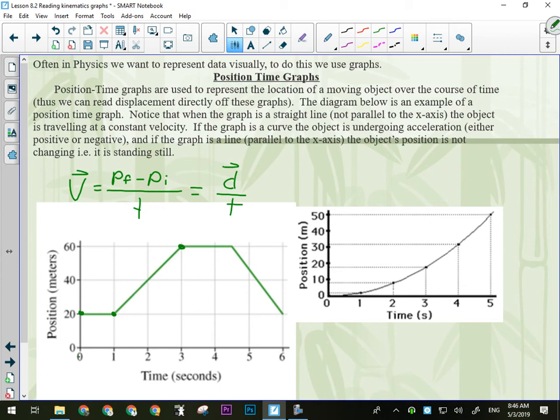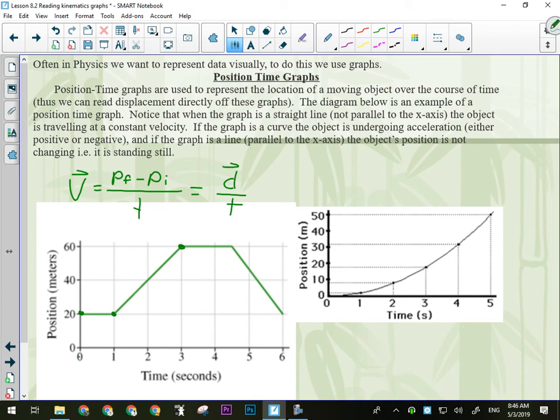displacement. When we were talking about that the other day with the trip to Walmart, we said that when I got to Walmart, I had changed my position by this much. I had traveled a 4-kilometer distance, but my change in position was only 2.7 kilometers in whatever the direction was. In this case, we take final position, subtract initial position, and divide by time.